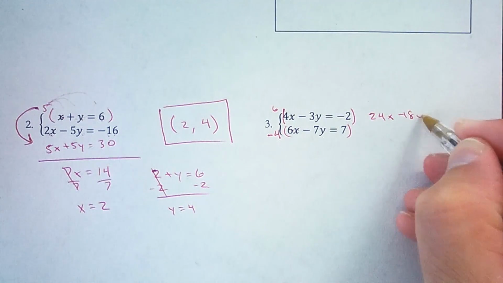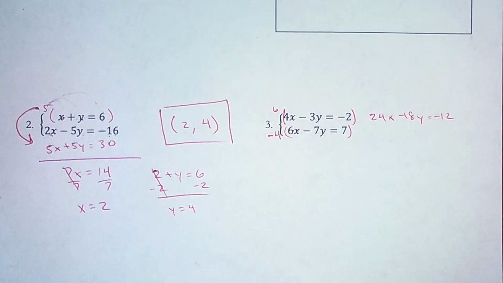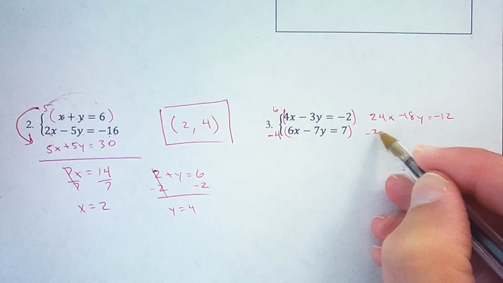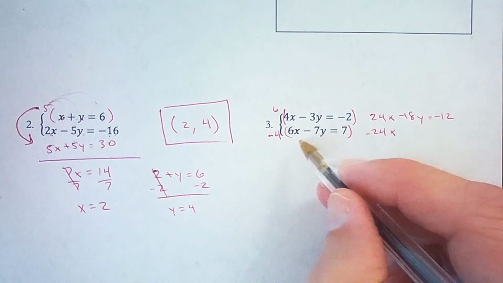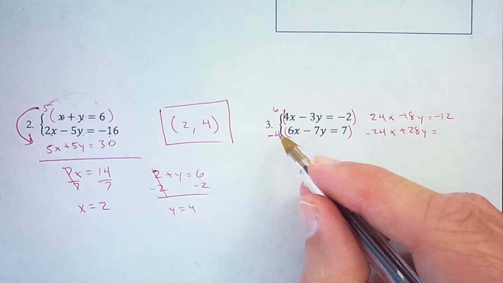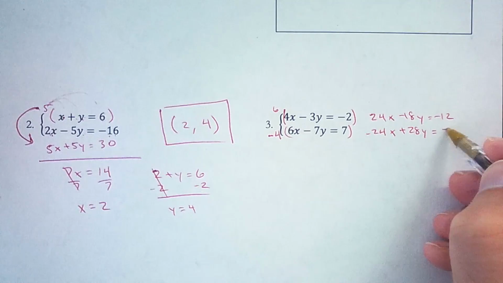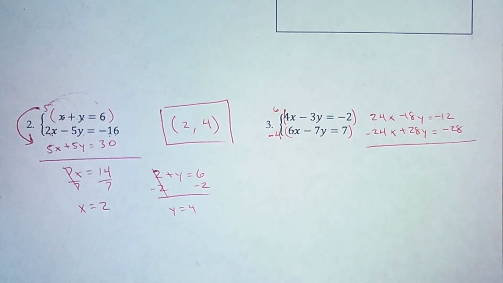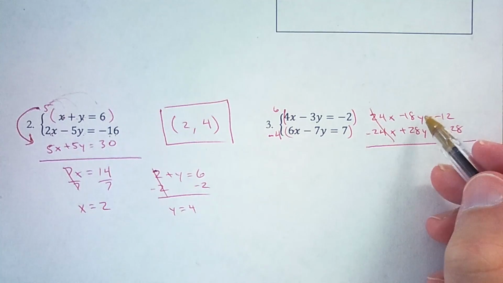Okay, so when I distribute this 6, I get 24x minus 18y equals negative 12. And when I distribute this negative 4, I get negative 24x plus 28y equals negative 28. And these will cancel.